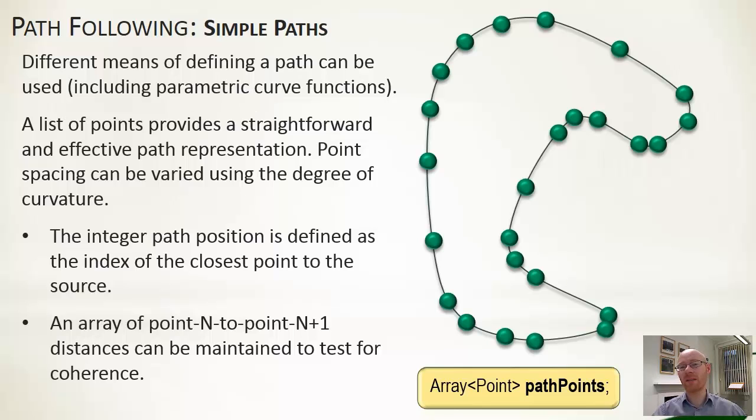The nice thing about this structure is, if I want to work out whereabouts I am on the path, given the input parameter, I can simply go through my points, work out how far away I am from each of the points, and then pick the one that I'm closest to. And to predict the future location, I use the next point in the series. So again, it's a simple, nonetheless effective way of representing a path that we could pass off to a steering algorithm.